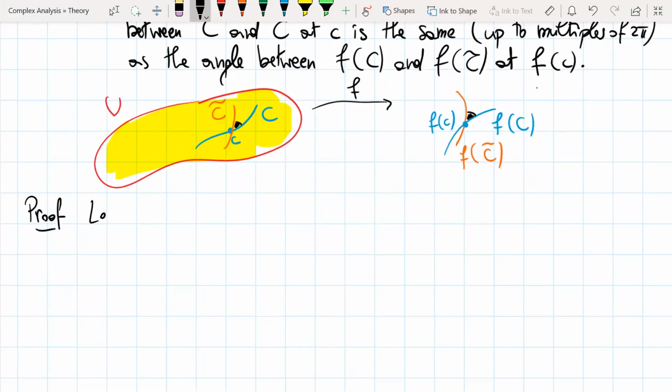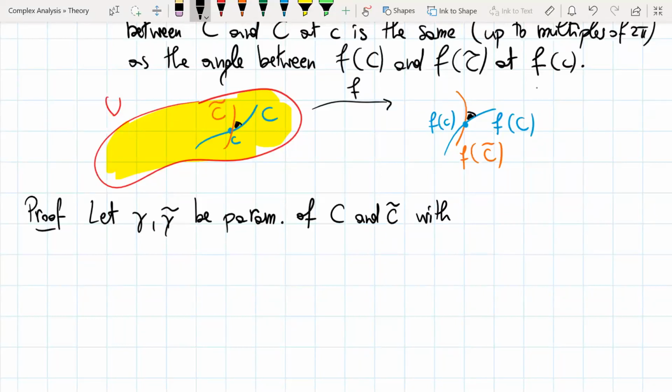So consider gamma and gamma tilde, parametrizations of C and C tilde, with the property that gamma of T0 is equal to c is equal to gamma tilde of T0 tilde. Then we get parametrizations for f of C and f of C tilde by composing with f.